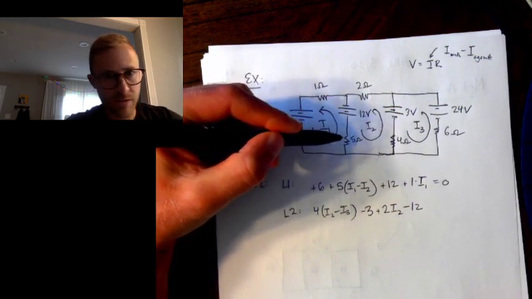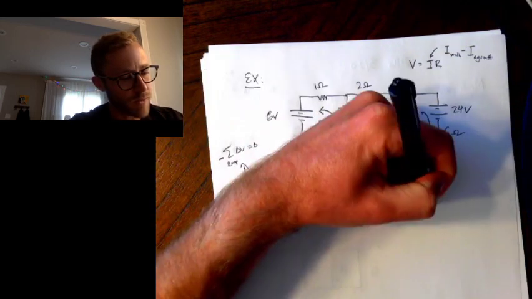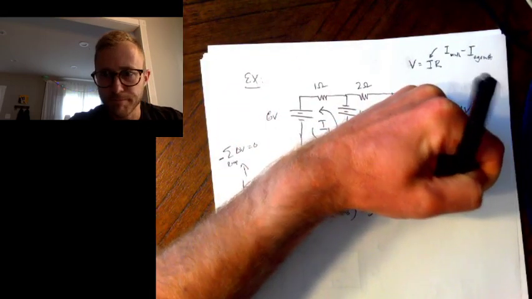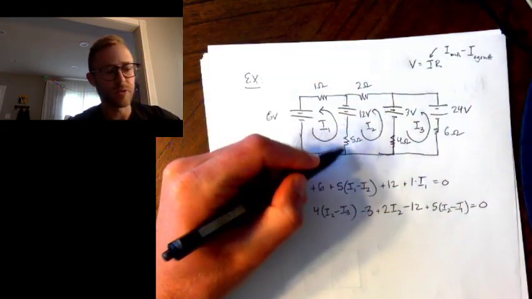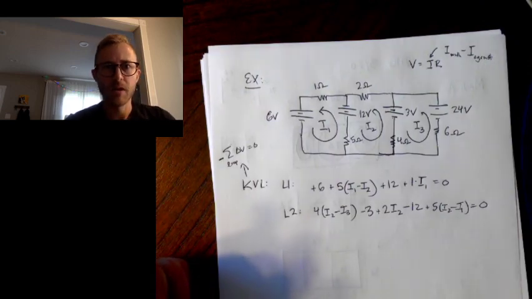And then the current against is I1, so I have plus 5 times I2 minus I1. And then that equals 0 because it brings me back to where I started.